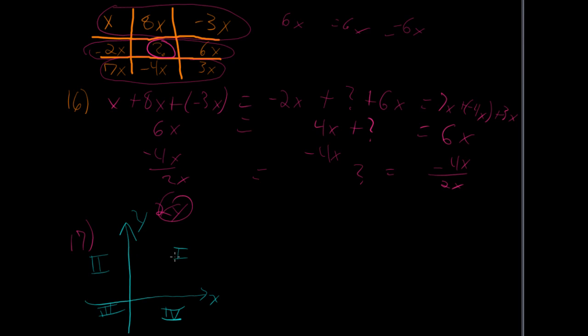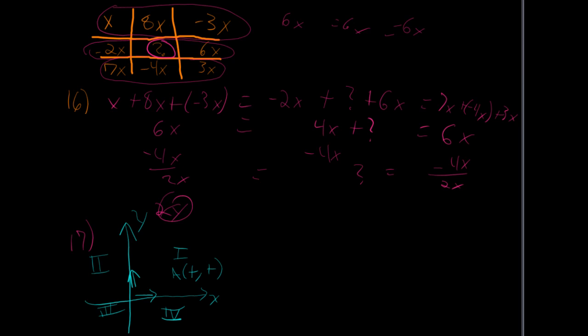Any point in quadrant 1 will be somewhere in this area. You'll be going to the right in the x direction and up in the y direction. So point A will have a positive x value and a positive y value. These are not opposite signs, so we can discard quadrant 1.